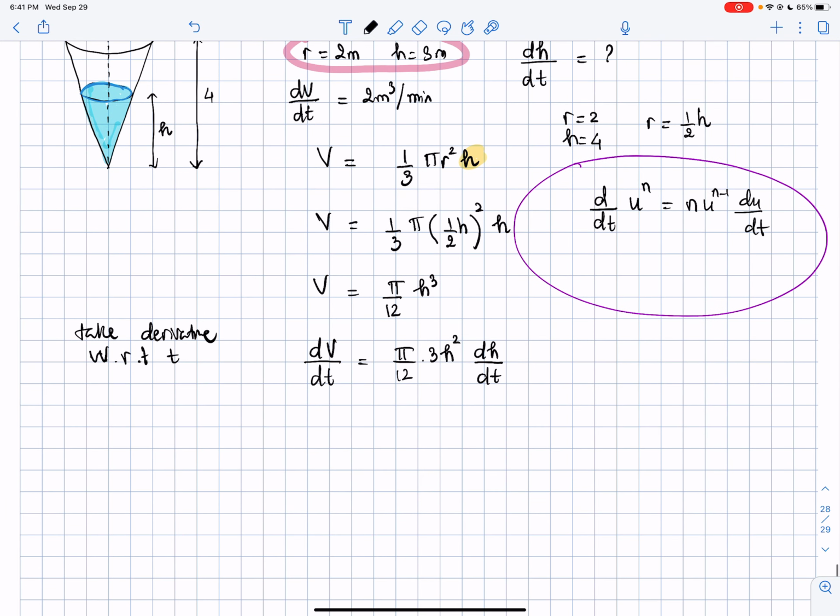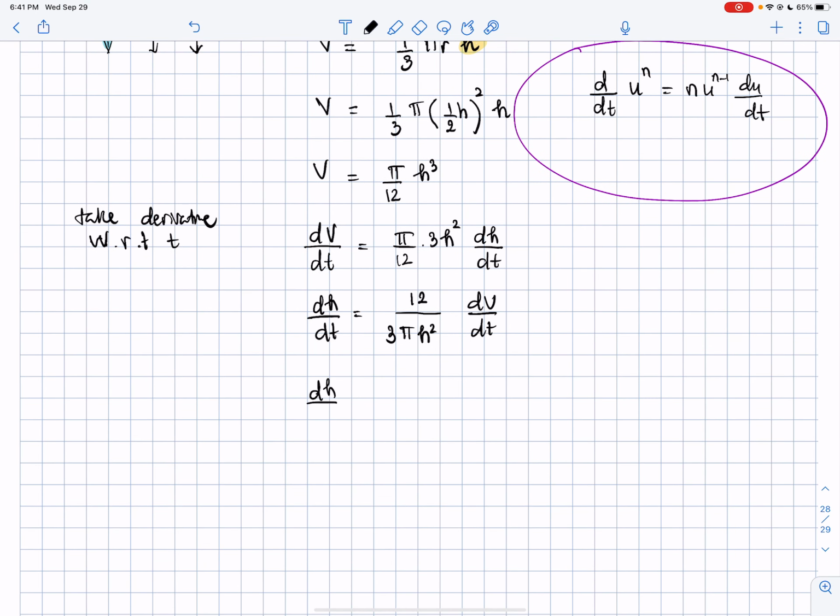So we want to find dh dt. We want to solve it. Then we will have dh over dt. We cross multiply, so it's equal to 12 on the top, and then 3 pi h squared on the bottom, times dV dt.